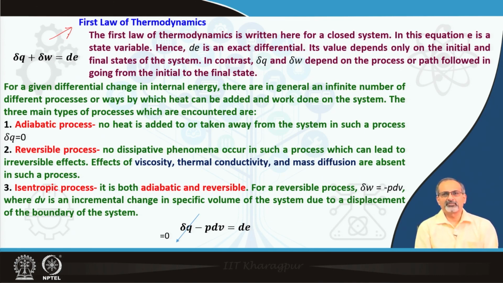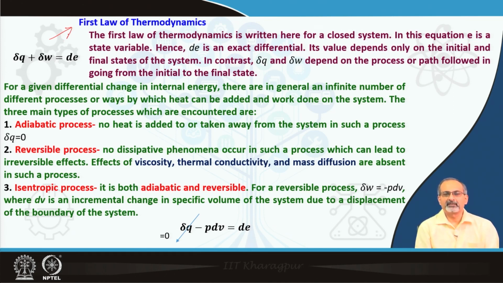Now, for a reversible process, the del W expression happens to be minus P times dV, where dV is an incremental change in specific volume of the system due to an expansion or a compression, and it is basically due to displacement of the boundary of the system.